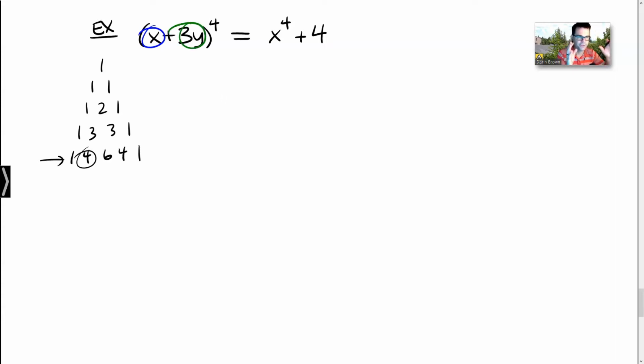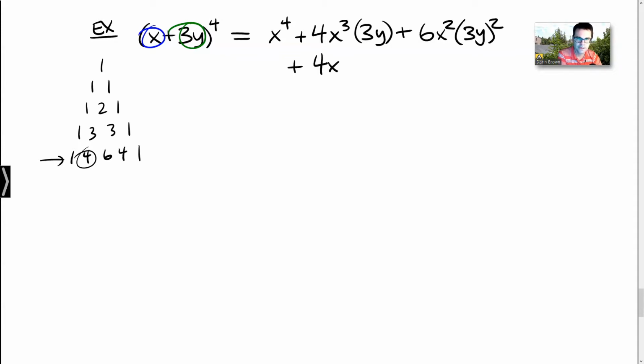So we have to think of the 3y in parentheses when we multiply this out. So it's x to the 4th plus 4 x cubed (3y) plus 6 x squared (3y) all squared plus 4 x (3y) cubed plus (3y) all to the 4th.